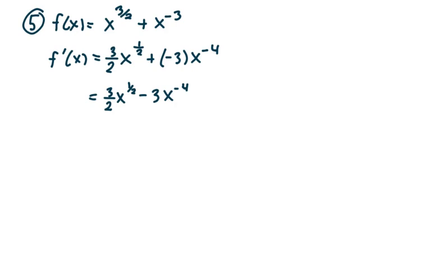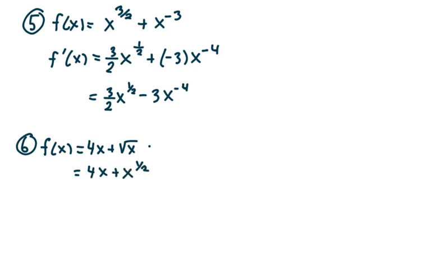Let's take a look at number 6. So f of x is equal to 4x plus the square root of x, and this can be written as 4x plus x to the 1 half power. Okay, now I'm ready to take the derivative.